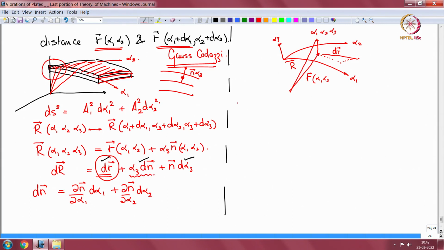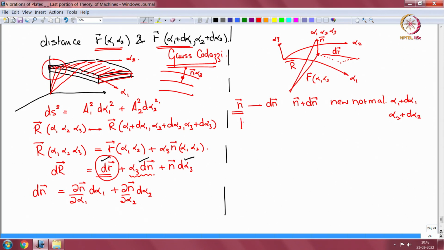So, n is the local normal here, and a change on that is dn, and so n plus dn is the new normal, where at alpha 1 plus d alpha 1, alpha 2 plus d alpha 2. So, it is a new normal.